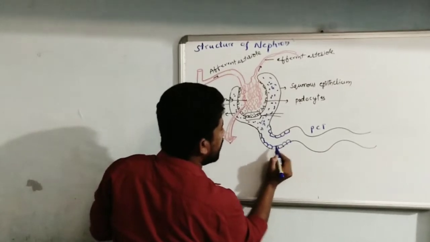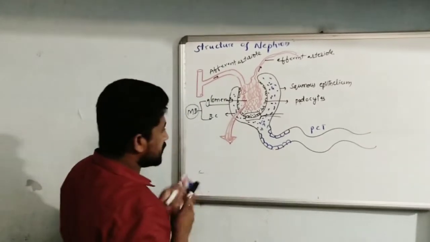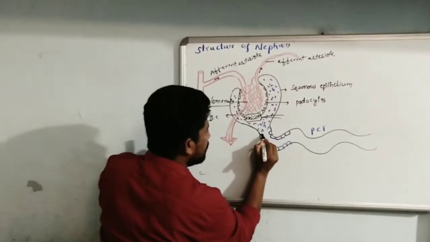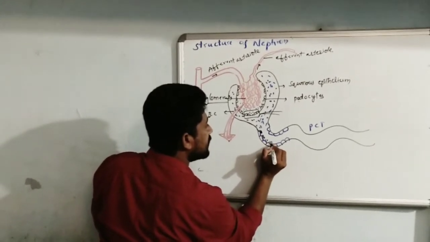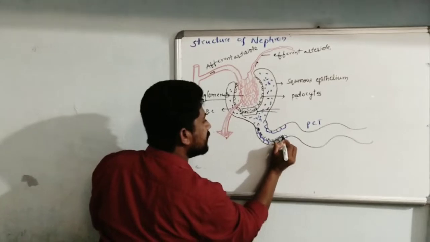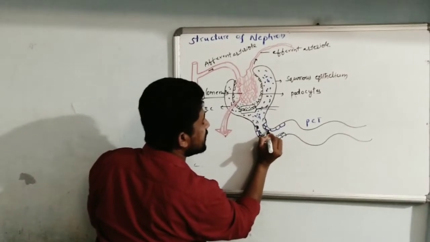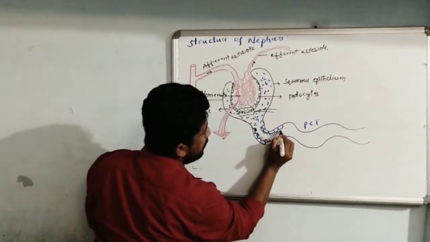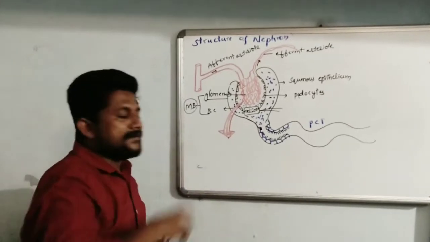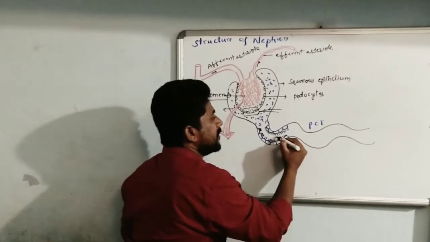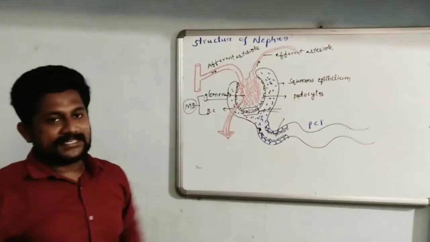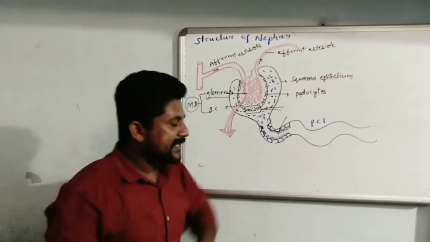We can observe the brush border here. With the presence of this brush border epithelium, the maximum nutrients are absorbed in the PCT region.